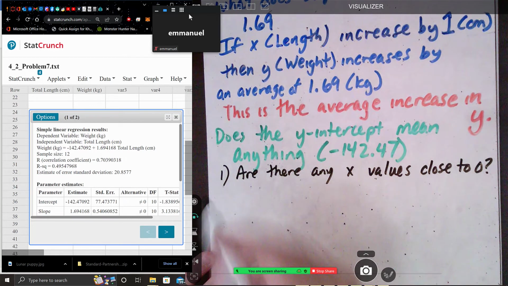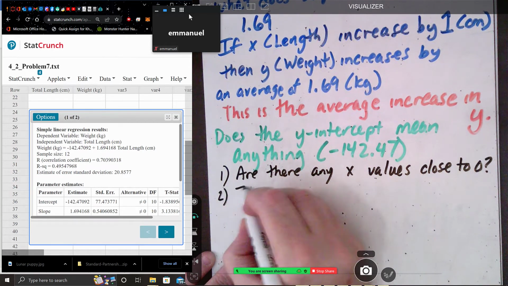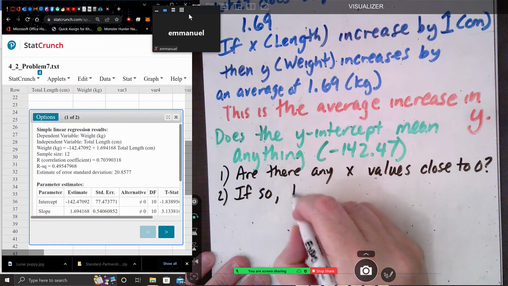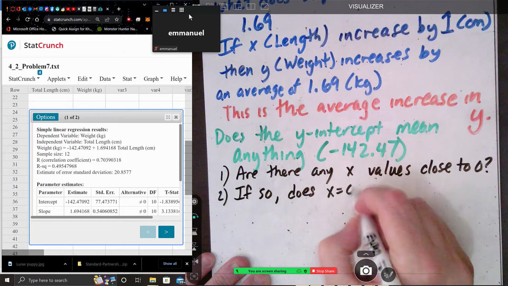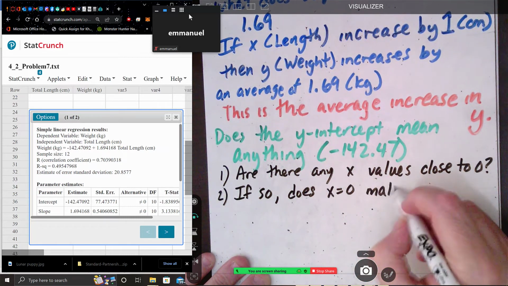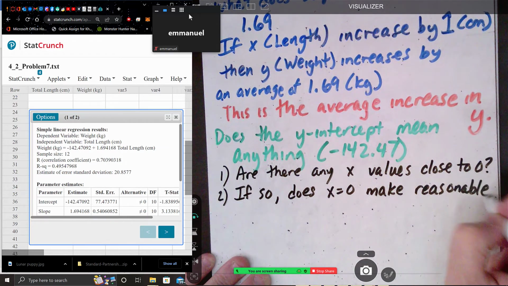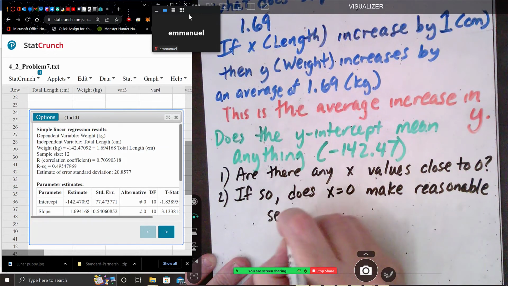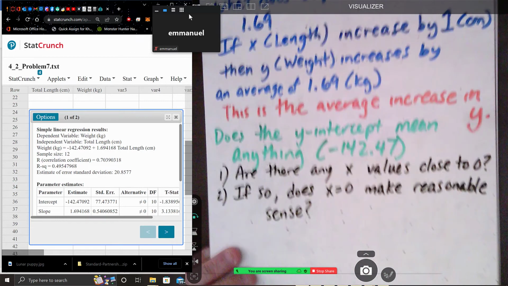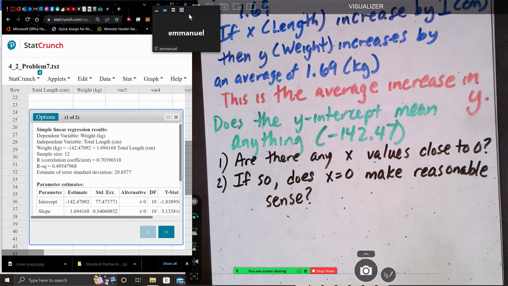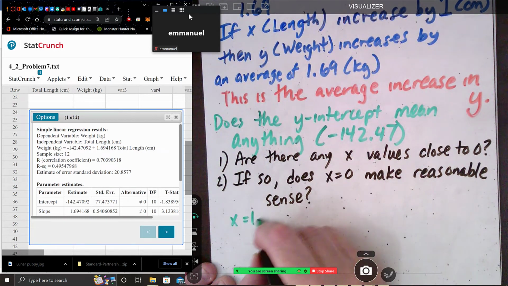The other thing you want to look at, and it's only if the first one is true, is: does x equal 0 make reasonable sense? For the problem we were looking at, x was the length of a bear.